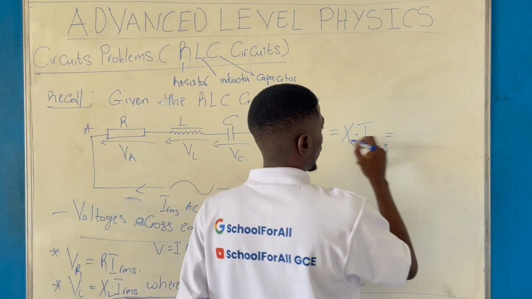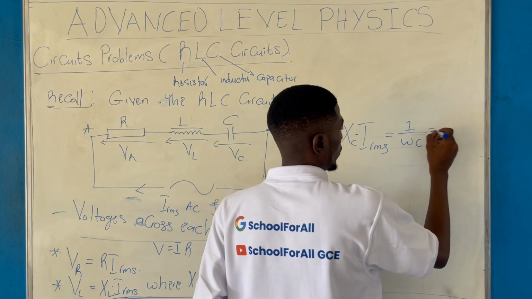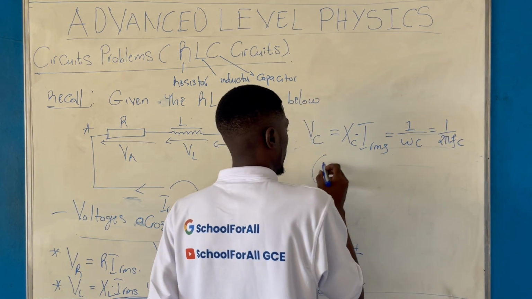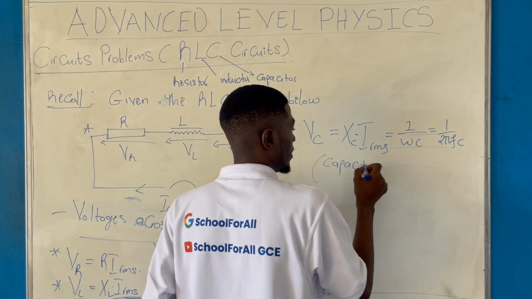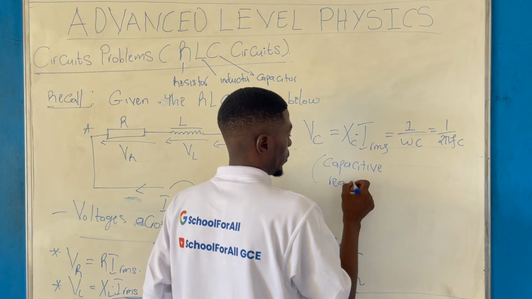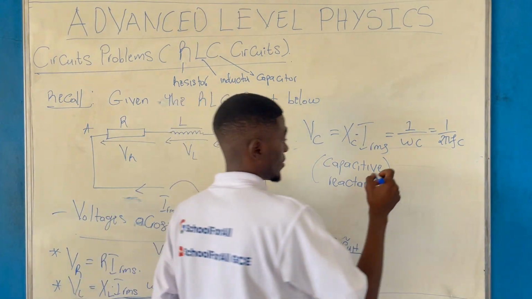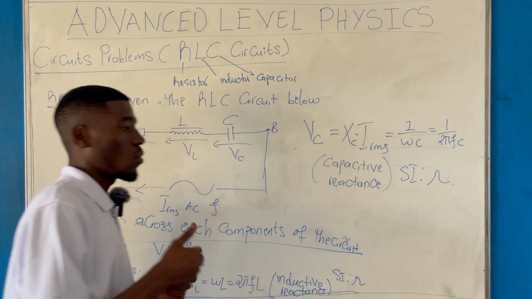Here we have 1 over omega C, which is the same as 1 over 2 pi f C, and the name is capacitive reactance. And since it is still a resistance, it is measured in SI in ohms.